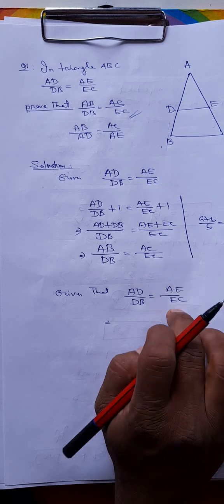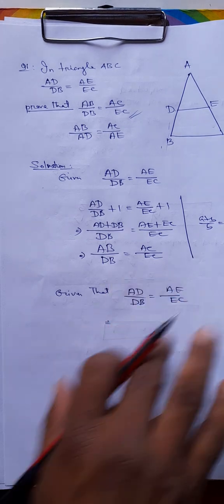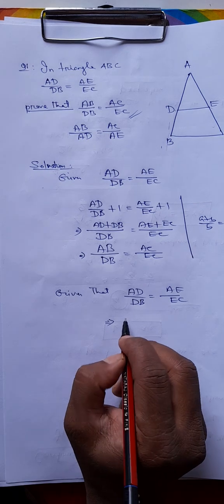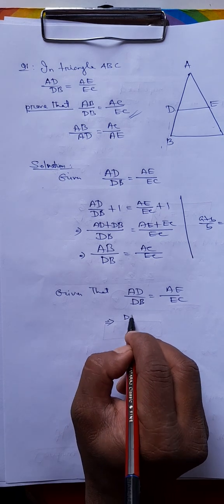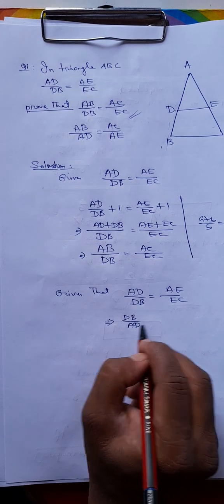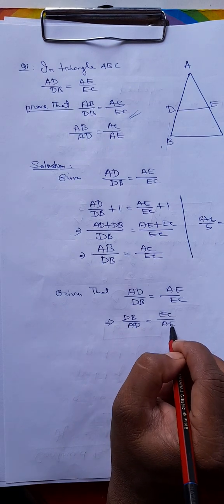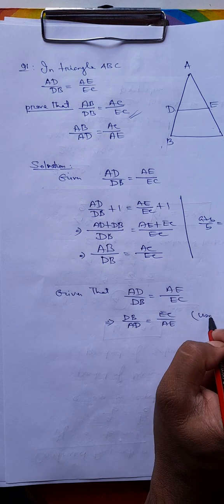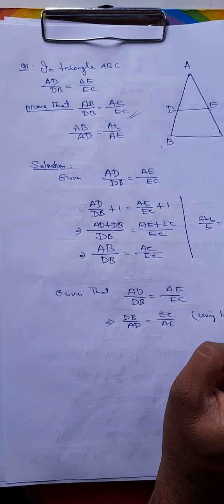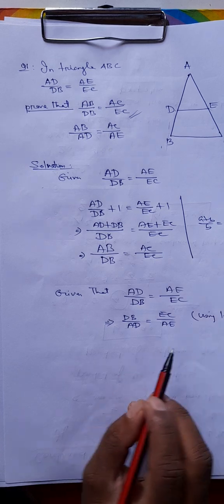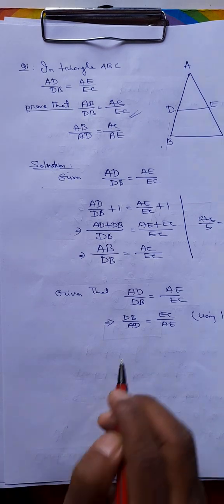This might be the consequent. We want to invert this. So using invertendo, we can write it as DB by AD equal to EC by AE. Using invertendo, means inverting the ratio.